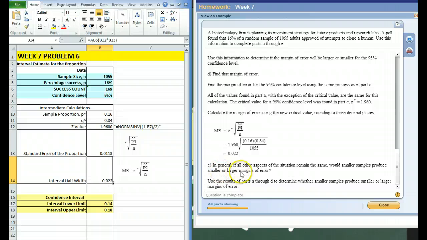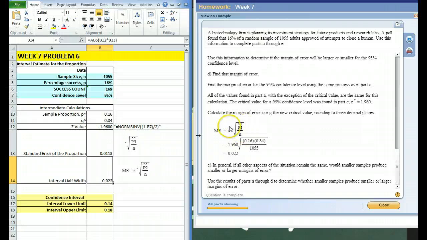Part E in general is, all other aspects of the situation remain the same, would a smaller sample produce a smaller or larger margin of error? If you were to zoom in on this expression, if we decreased the value of n, since it's in the denominator for this expression, you're dividing by a smaller value, it's going to give you a bigger result.